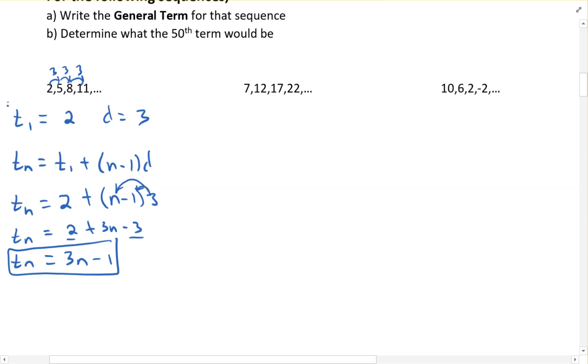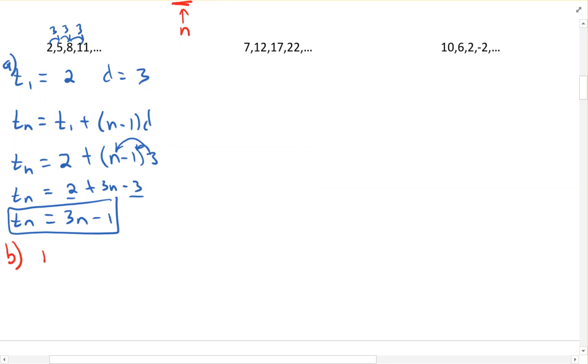Okay, so let's call that part A. Part B we'll do down here. Part B says determine what the 50th term would be. That's an n value, right? So n is going to be equal to 50. All we've got to do is use our formula now, that formula that's unique to this set of data, and just put 50 in place of n. And then that's going to tell us what that term will be.